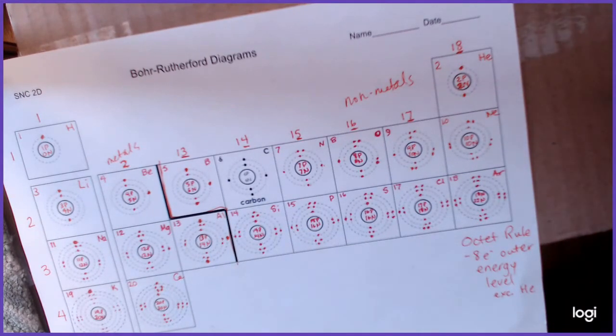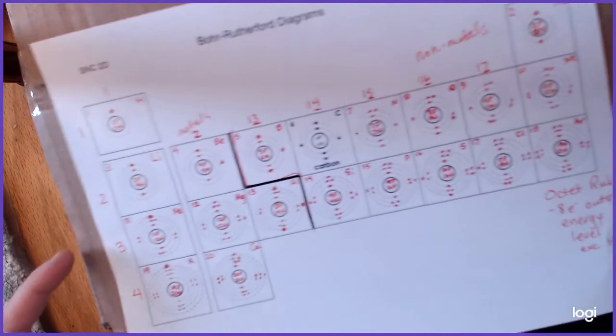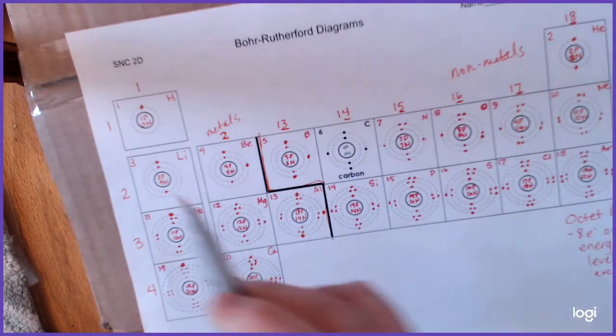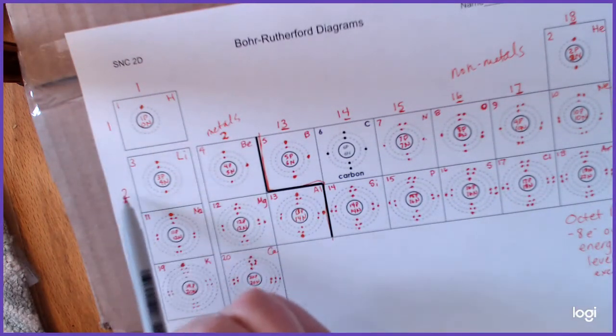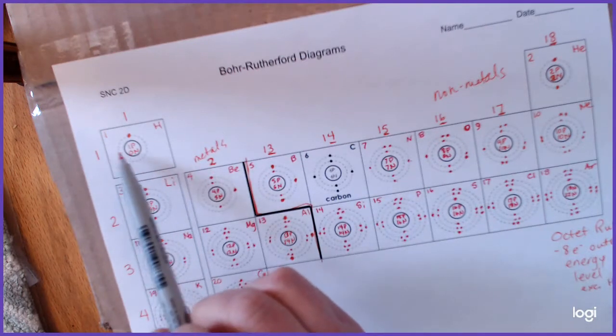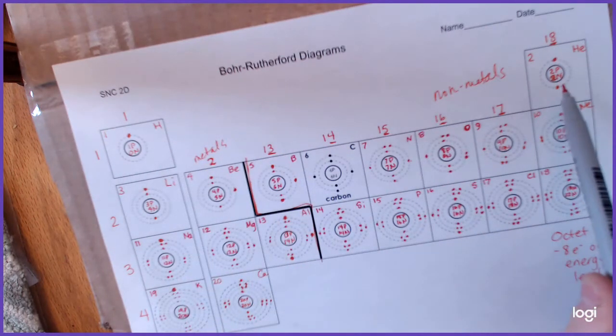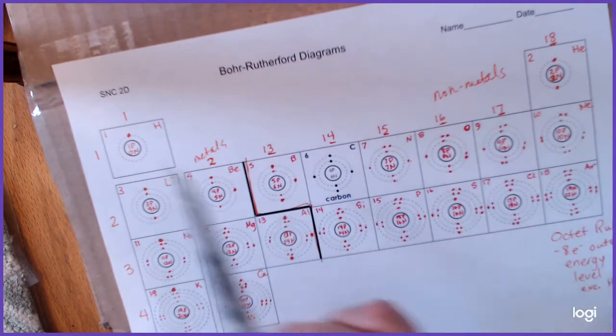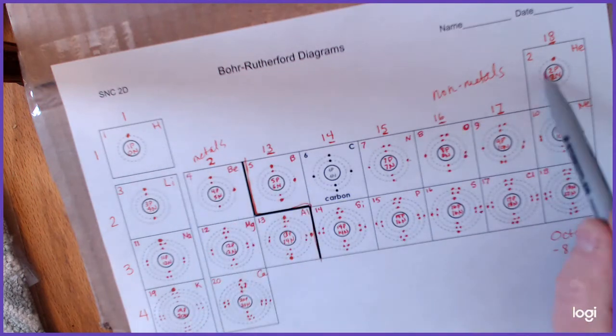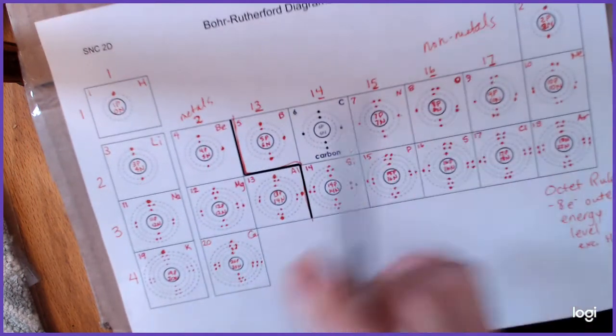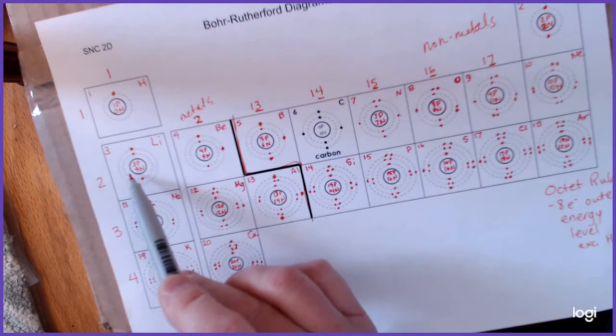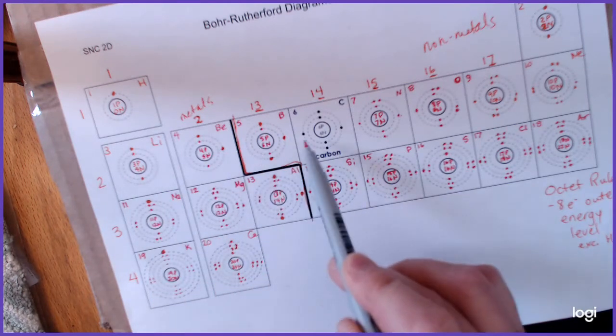Okay? Now, if we notice as we go along here, we've got our number of periods. If you look across here for period 1, how many energy levels do we have? We have 1. If we go to period 2, how many energy levels do we have across here?